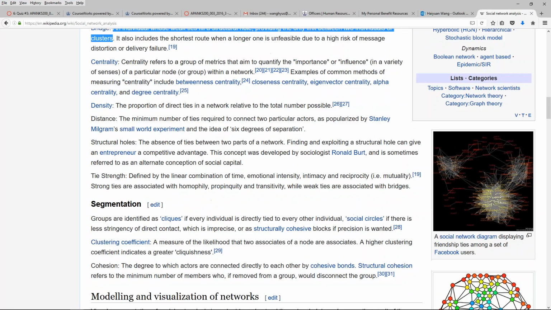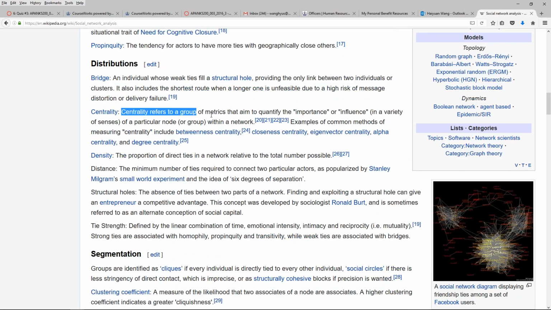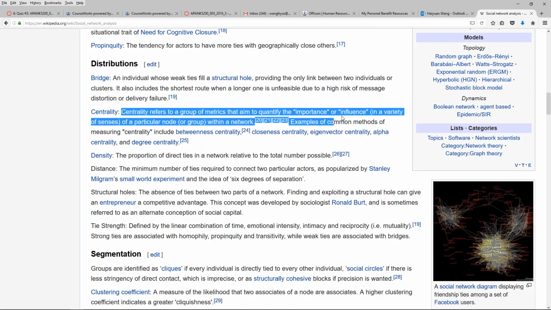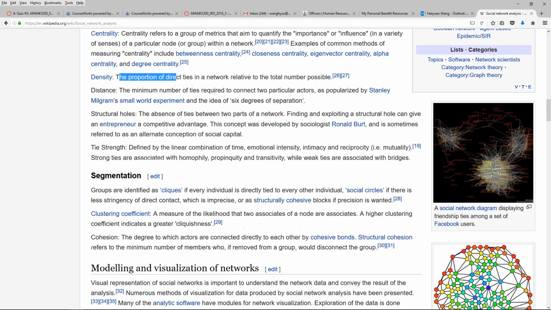And then some other things such as centrality. Centrality refers to a group of metrics that aims to quantify the importance or influence, in a variety of senses, of a particular node within a network. In this case, some of these nodes in the middle probably have a higher centrality versus some other ones, right? And then density of the graph, that's actually something you should look into in social network analysis.